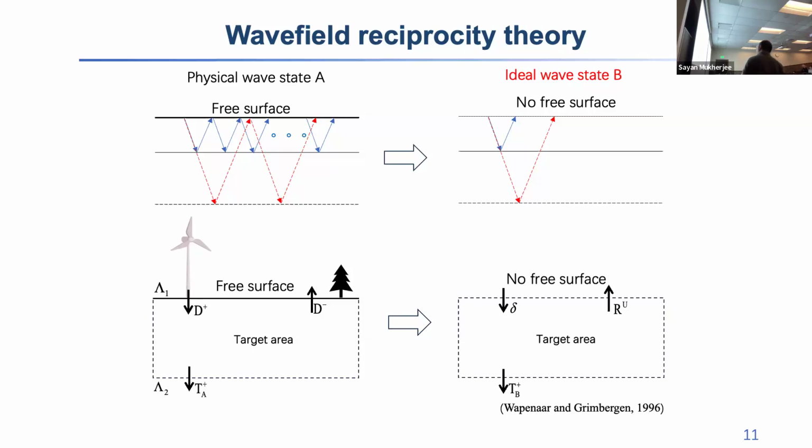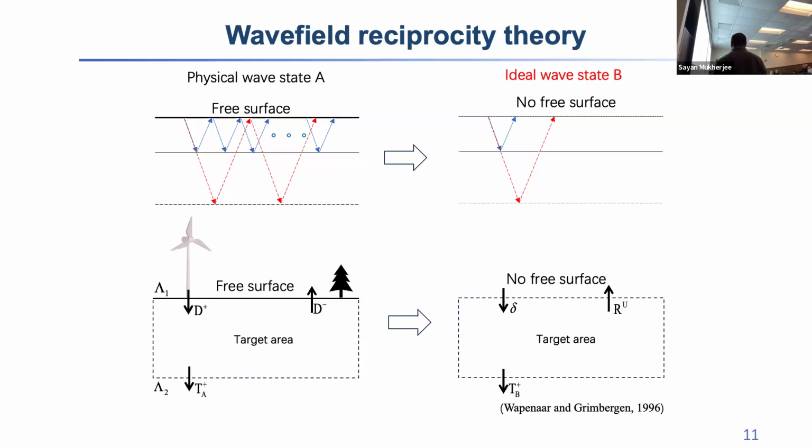For our case, there is a wind turbine and there's a free surface. This wind turbine continuously generates sources and it propagates to the subsurface, interacts with the material, and reflects back as the outgoing wave field. This outgoing wave field will reflect back again to form the multiples. While for the ideal wave state, the free surface is removed.